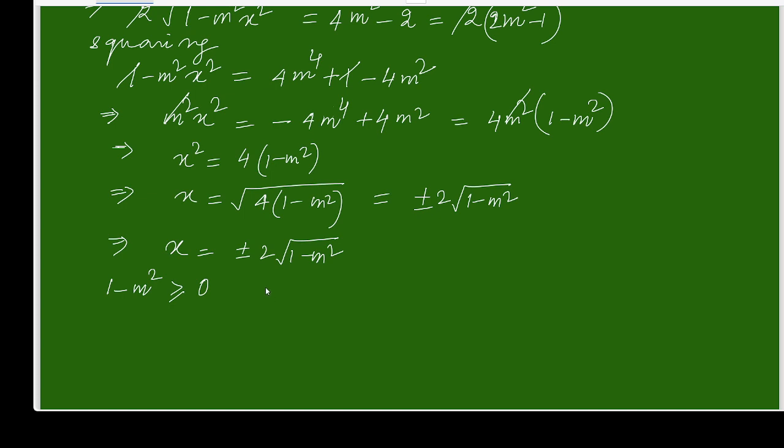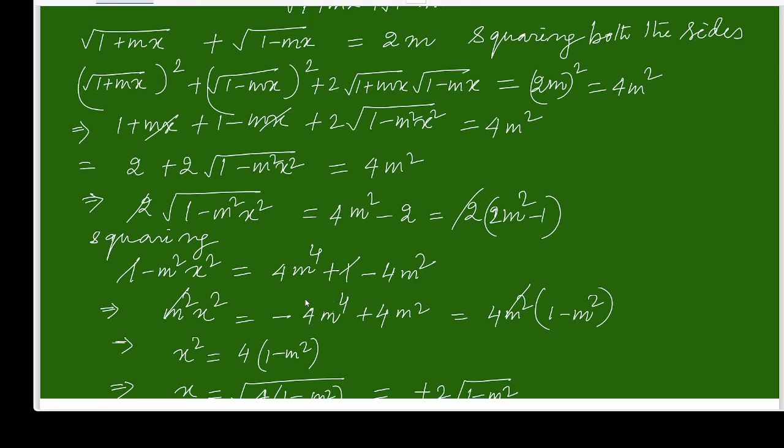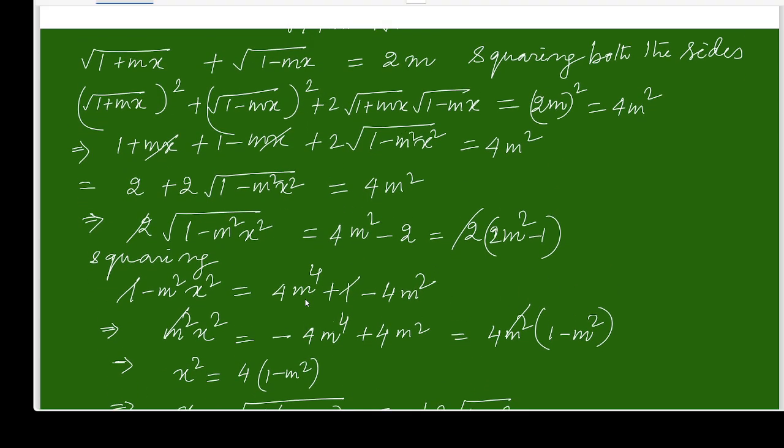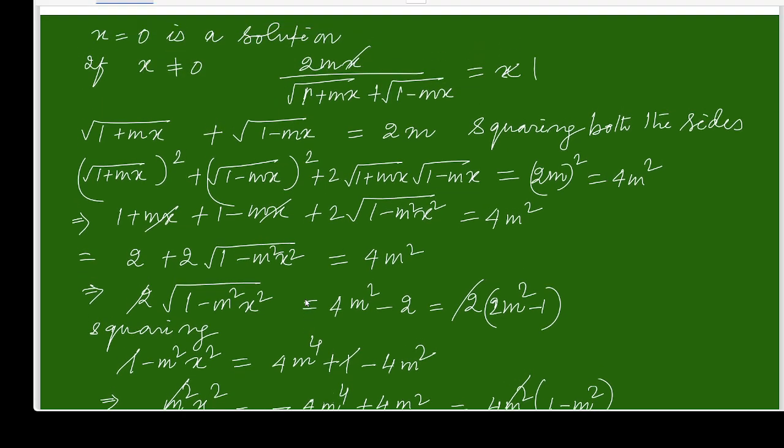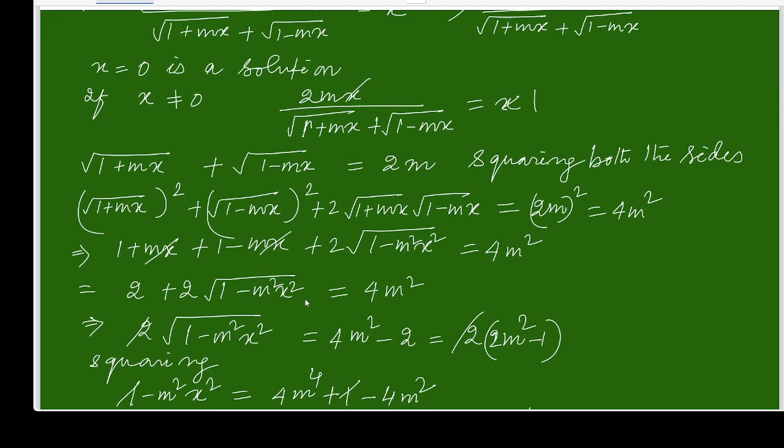or m square should be less than or equal to 1. This is the first condition to define m. Next, we'll go back to find the condition.